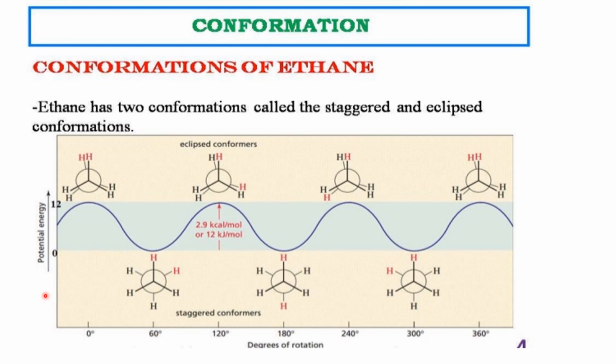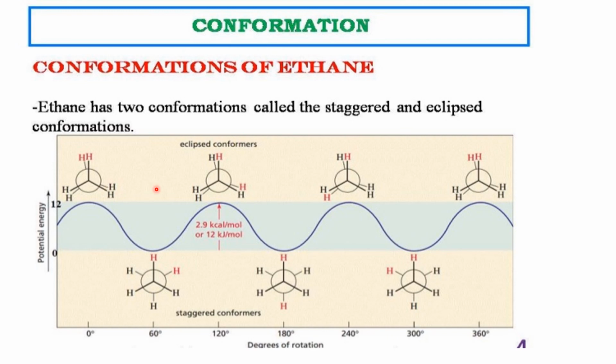And see, this is the potential energy. From this curve or graph, it is clear that the potential energy of all eclipsed conformations is high compared to the potential energy of staggered conformations. That means for the ethane molecule, the staggered conformation is more stable than the eclipsed conformation.